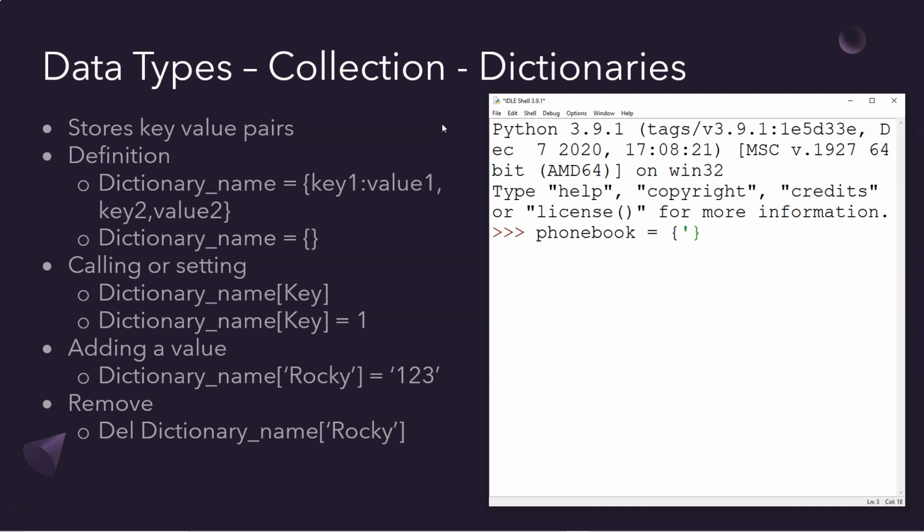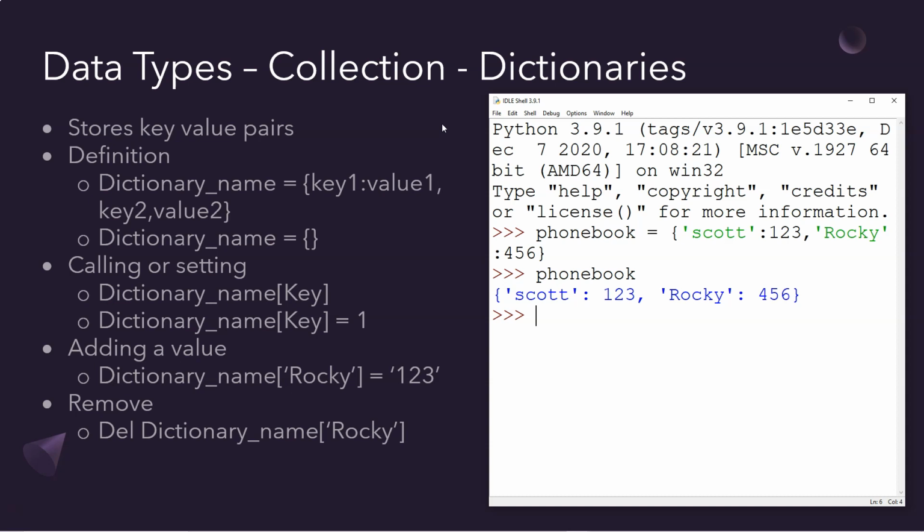So I'm going to say Scott, and let's say his number is 123. Then I'm going to use Rocky as another key, and his number is 456. So I have defined a dictionary with 2 values and 2 keys for the same. So as a phone book, I will see those 2 values.